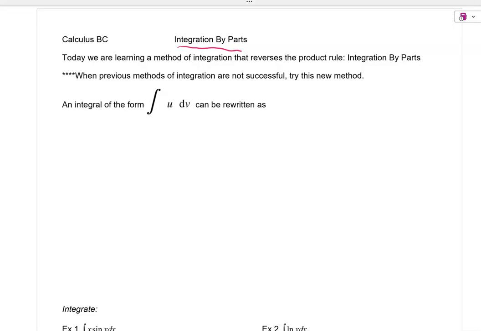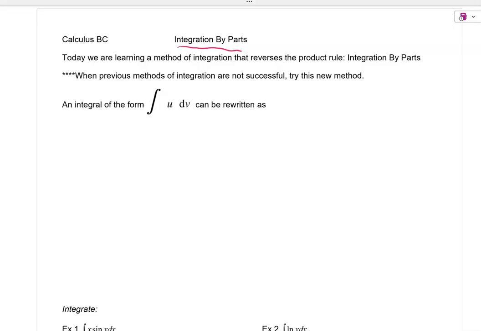If that's not applicable, you might wonder if algebra could help. And if algebra with factoring, Hart rule, even completing the square as we've done with inverse tangent, if none of those are successful, you could ask yourself, well, wait a minute, would a U substitution work? Sadly, even the U substitution can fail. Here is a new method that we can use.